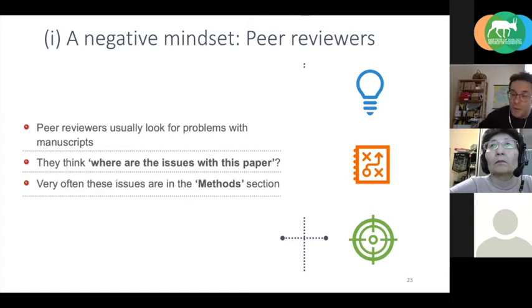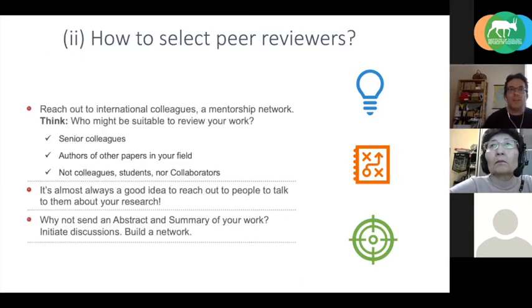You can make sure your paper is as good as possible and as bulletproof as possible, especially in the methods section, because the methods section, that area where you talk about what you did, the data you collected and how you analyzed it, is the area where reviewers very often find issues with papers. The number one area is the methods section. So let's keep that in mind.